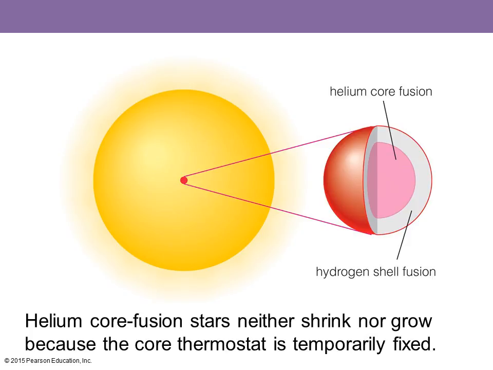Helium core fusion stars neither shrink nor grow because the core thermostat is temporarily fixed. As you can see in the diagram, the hydrogen is now surrounding the helium in this particular case. The hydrogen is forming a shell around the helium, and with much more helium, helium is fusing to form carbon.